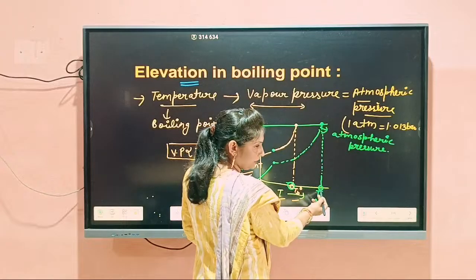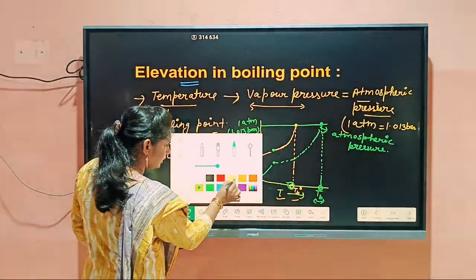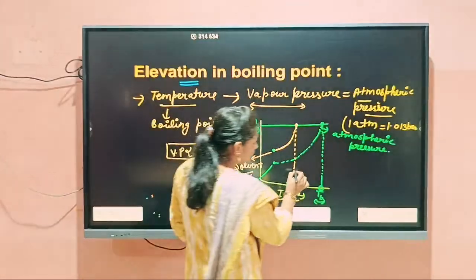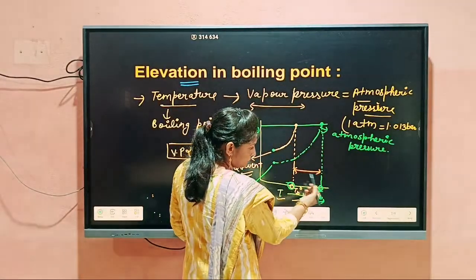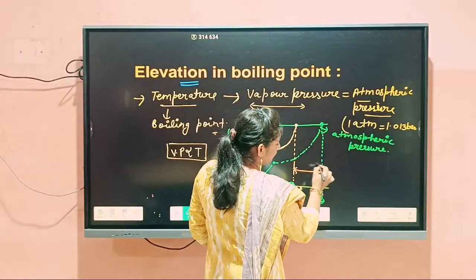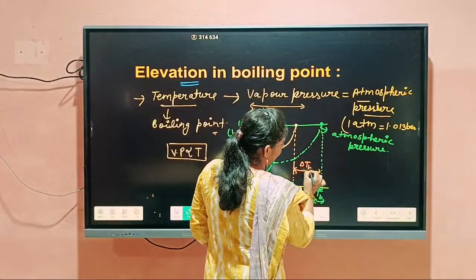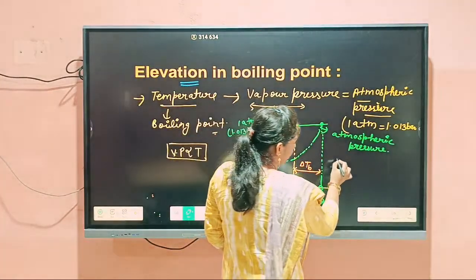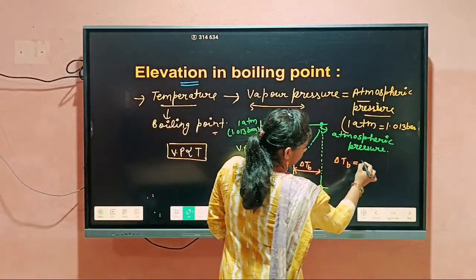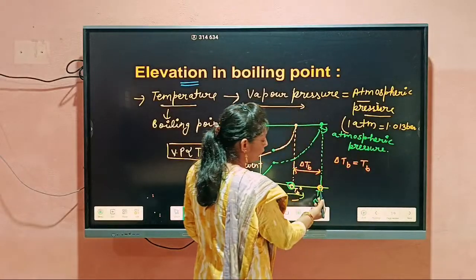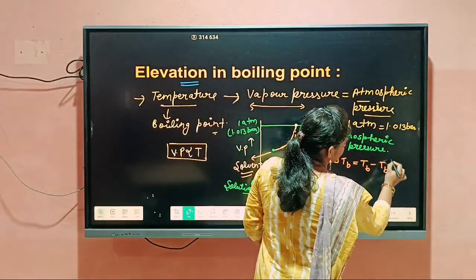So it increases, and this increase is known as the elevation in boiling point, represented by del TB. So del TB is equal to TB, the boiling point of the solution, minus TB naught, the boiling point of the solvent.